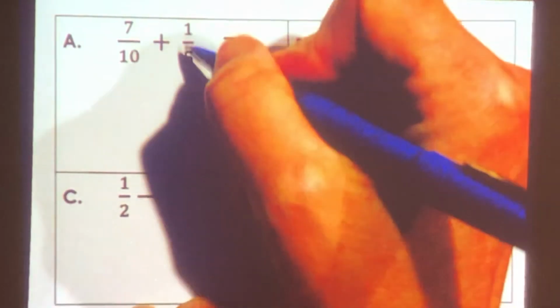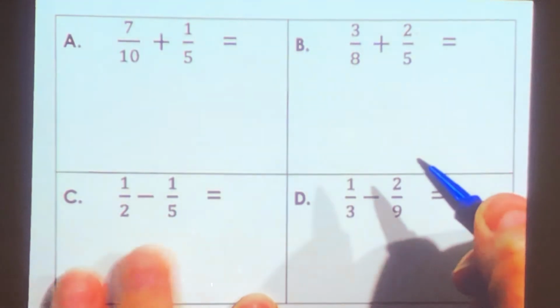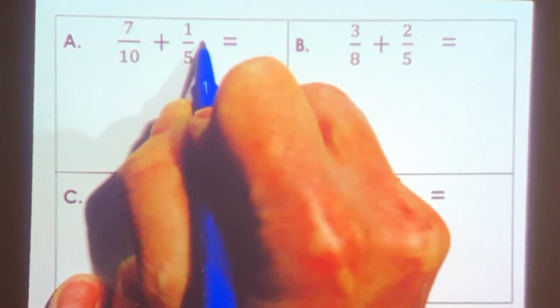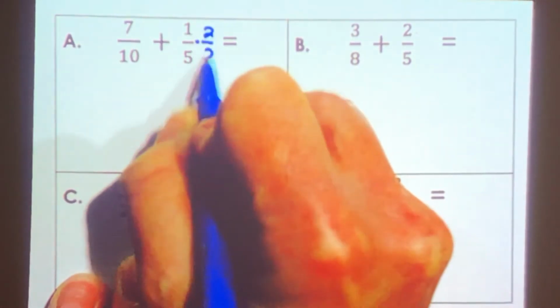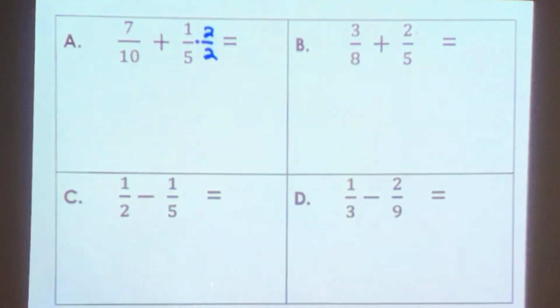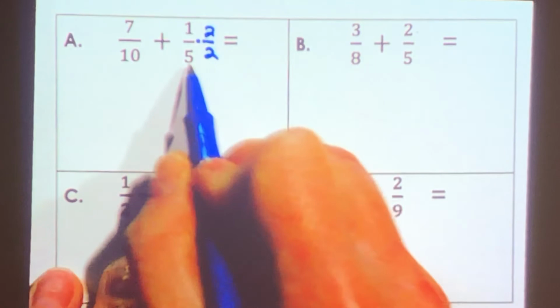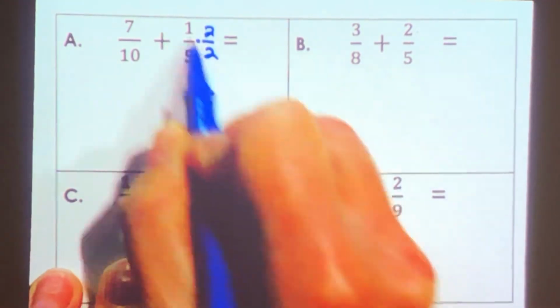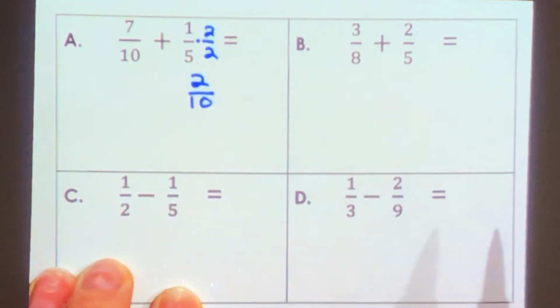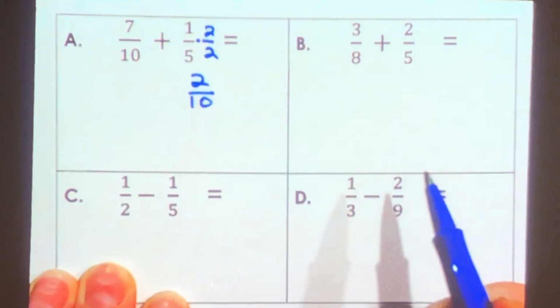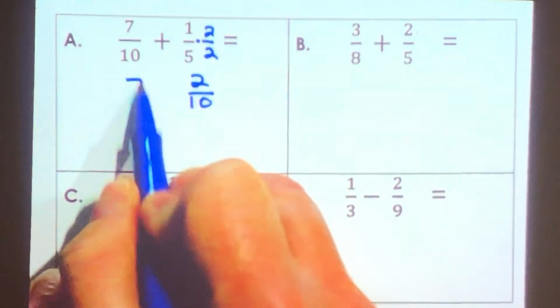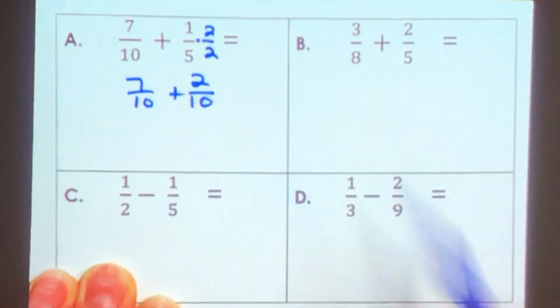So I'm going to change this 1/5 into tenths. And I can do that by multiplying it by 2 over 2. Remember, that's the same thing as multiplying by 1. 2 over 2 equals 1. But when I multiply 5 by 2, I'll get the 10, and 1 times 2 is 2. So instead of doing 7/10 plus 1/5, I can do 7/10 plus 2/10.